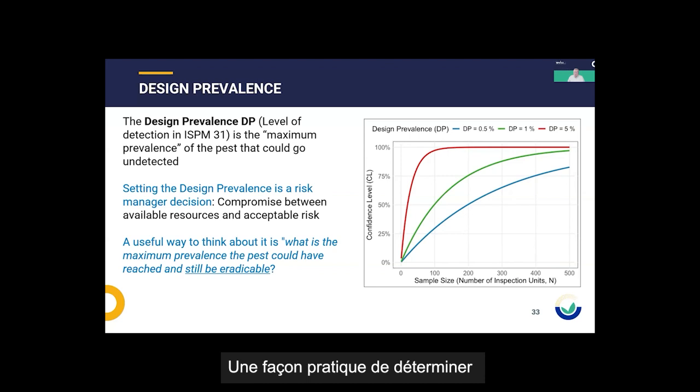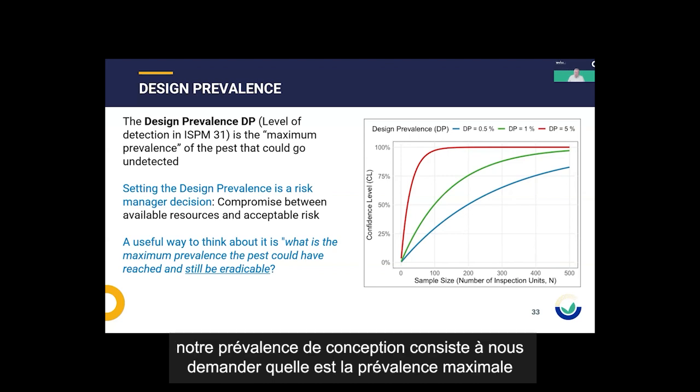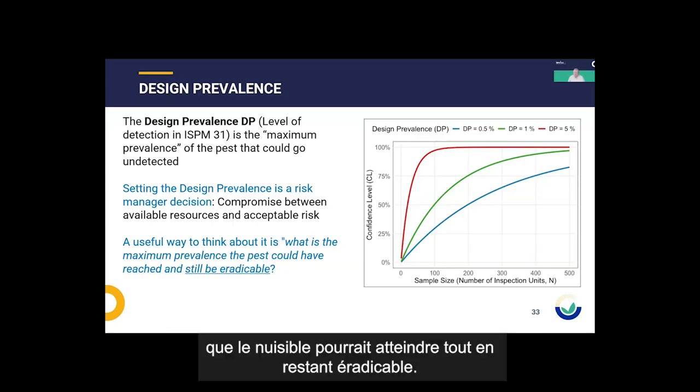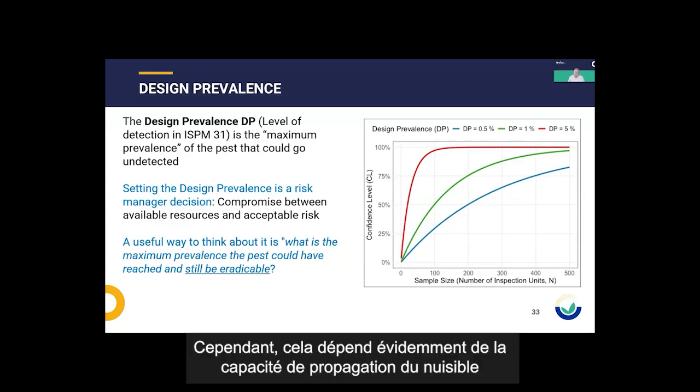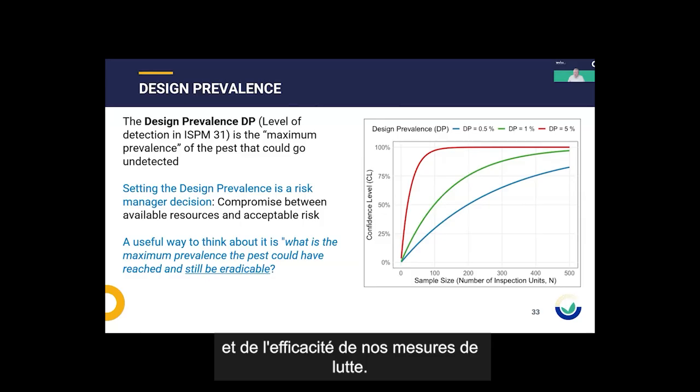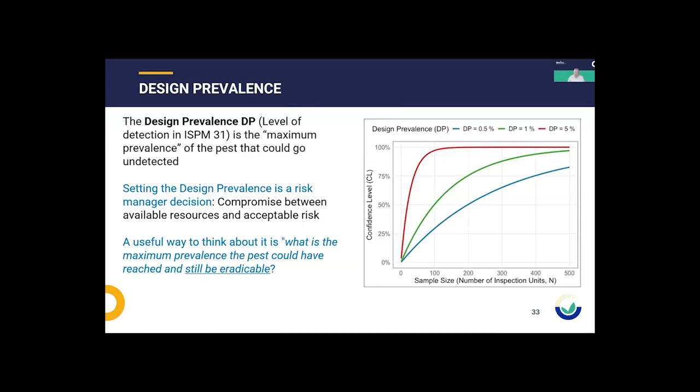But one practical way to think about what could be our design prevalence is to ask ourselves what is the maximum pest prevalence that could still allow eradication. But this depends obviously on the pest spread capacity and how effective our control measures are.